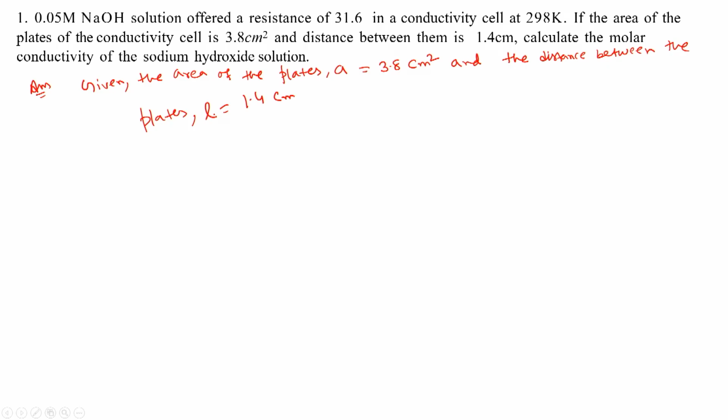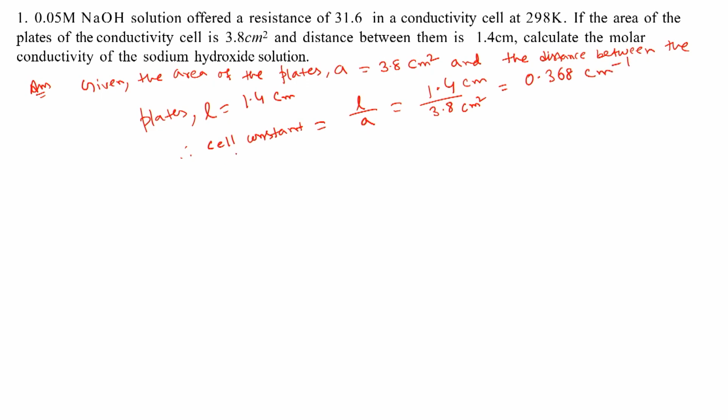Right. So we can calculate the cell constant, we already discussed what cell constant is. So the cell constant is L by A. We put the values of L and A here, 1.4 by 3.8, centimeter over centimeter square. So we get the cell constant value as 0.368 centimeter inverse. So this is the value of the cell constant.